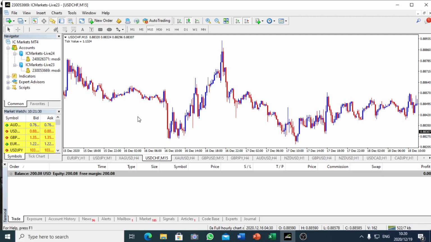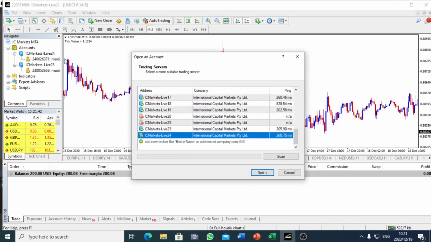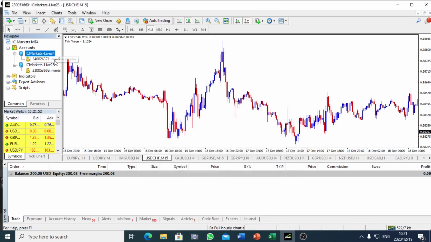Hence, you have an app, but you can log in with your details. Okay, let's try and log in to another account here. You can open an account if you don't have one, and then it will show you trading servers. These are available trading servers where you can open your account. But we don't want to open an account. We just want to log in to an account.